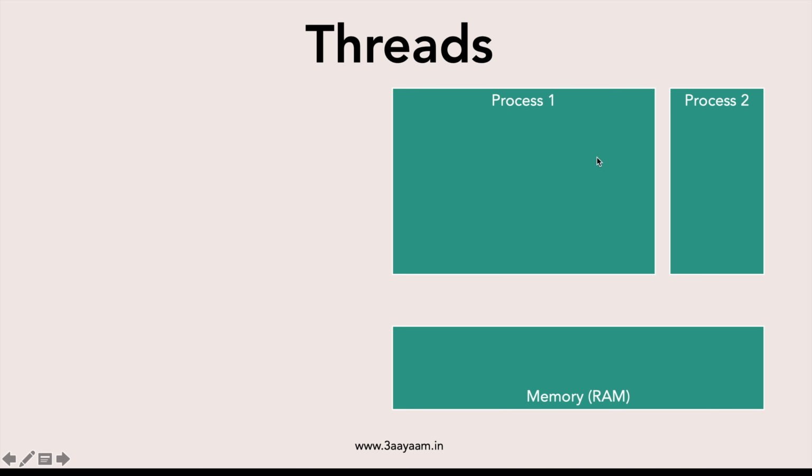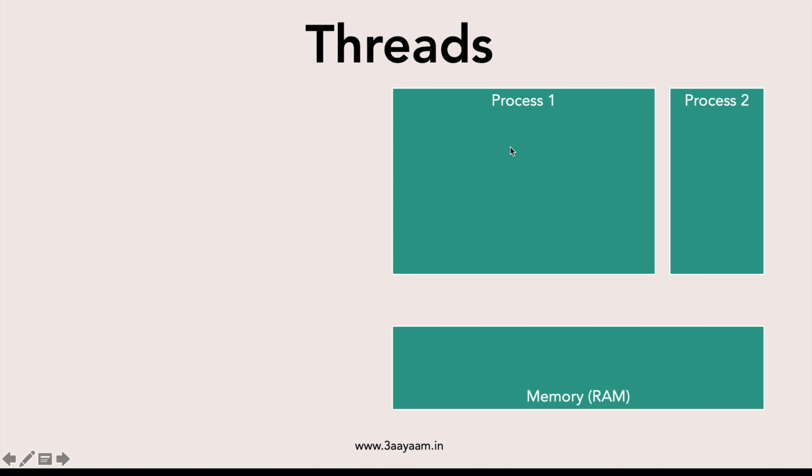Each process would have its own memory area, because whenever you execute a program, I told you how a program gets executed. We have a temporary memory area as stack, then we have a memory area called heap, etc. I have also told you about the memory management of Python and how variables are stored in memory. So each process would need memory also, because each process is a program, right?